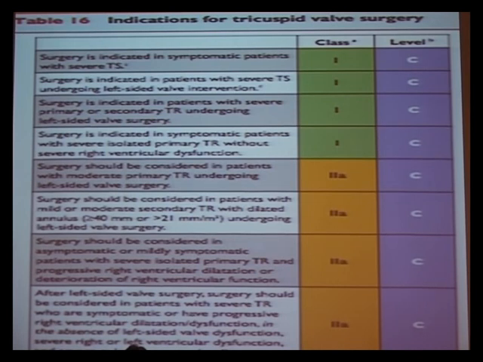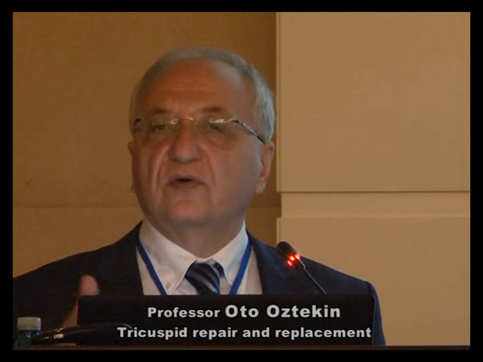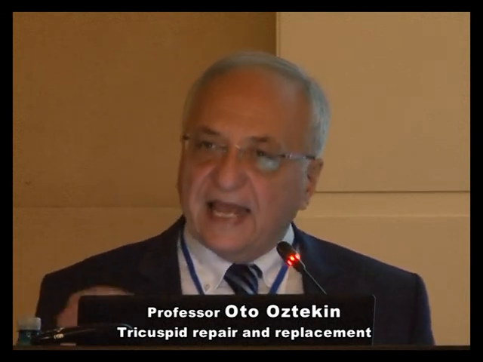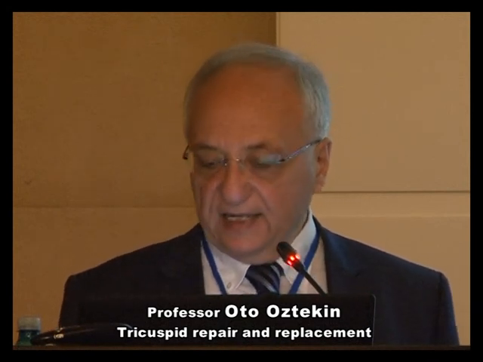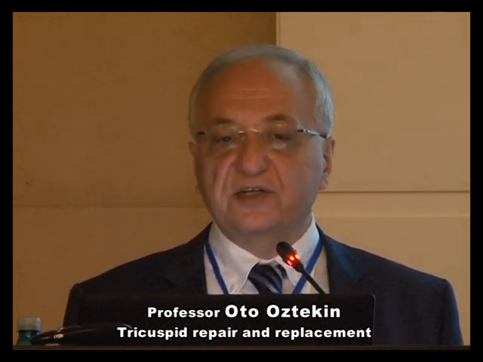After left-sided valve surgery, you perform left-sided surgery, and then no tricuspid approach, and then the patient becomes symptomatic, with dilatation or dysfunction of the right ventricle, then again to perform tricuspid surgery, it is class 2A indication.